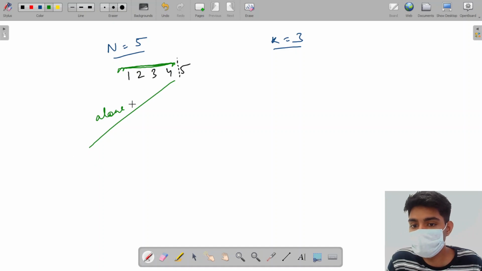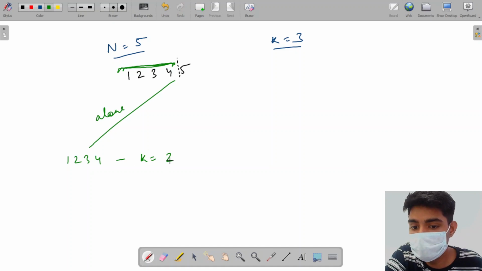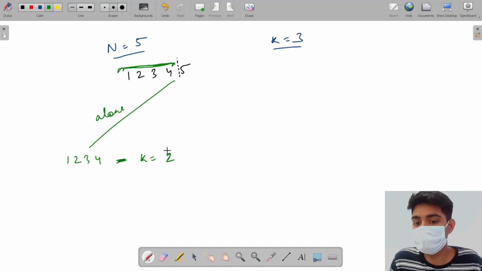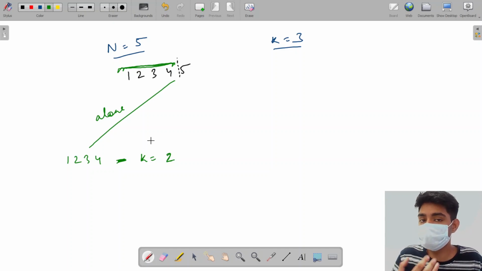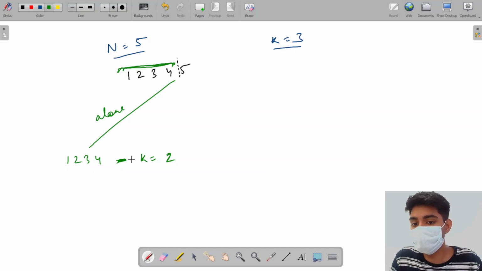Okay, so I'm going to say to 1, 2, 3 and 4 that k is 3, right? So I'm going to say that you should give me all the ways in which k would be equal to 2. I want you to divide yourselves into 2 subsets, and give me all the ways in which you can do that.